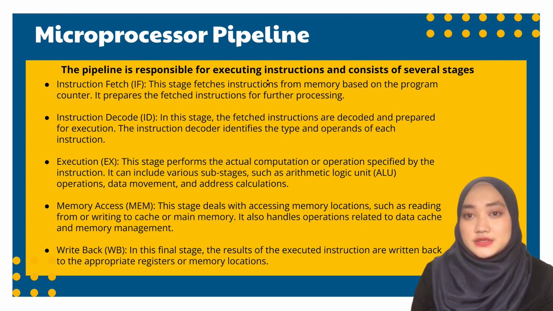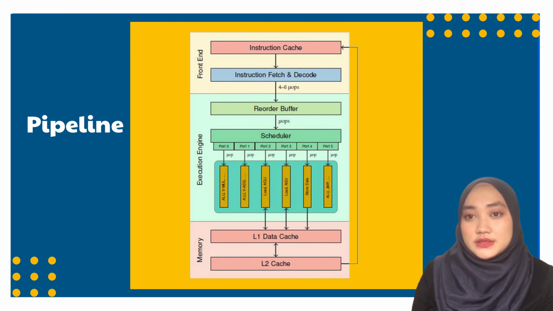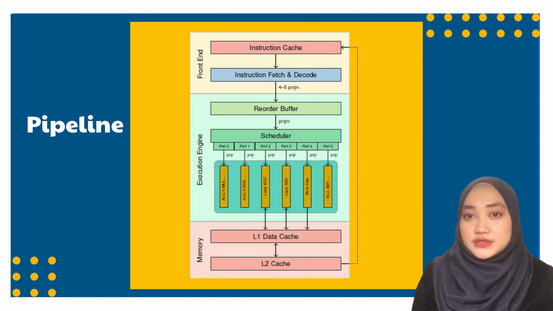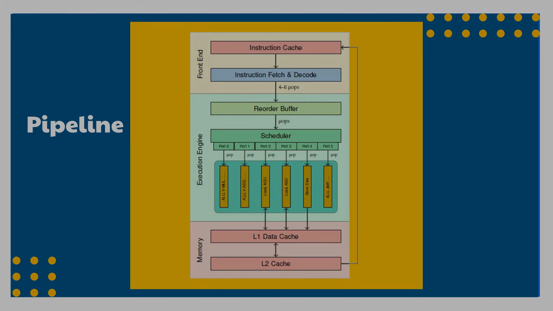The first generation Intel Core i3 540 CPU incorporates a pipeline architecture, which allows for the simultaneous execution of multiple instructions. By dividing the instruction execution into these stages, the CPU can work on multiple instructions simultaneously, enhancing the overall efficiency and performance of the processor.